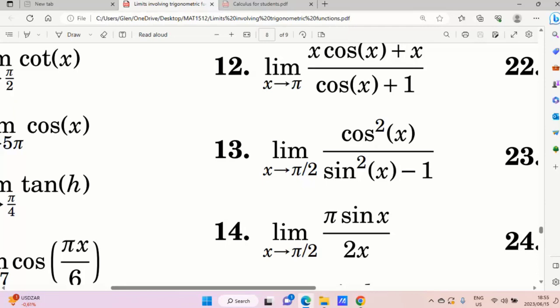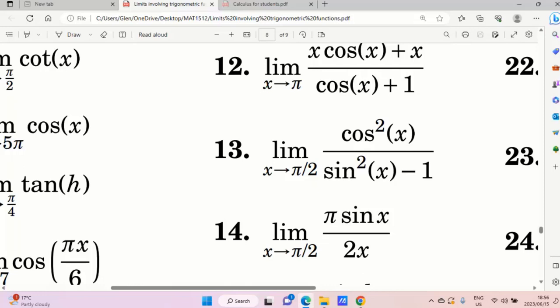So can I explain? Yes, please. That's Lerato, you are now explaining how you ended up getting +1. According to what I've learned, sin squared x minus 1 is equal to cos squared x. So I substituted sin squared x minus 1 and turned it into cos squared x.